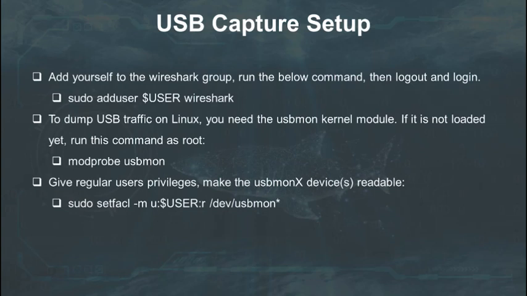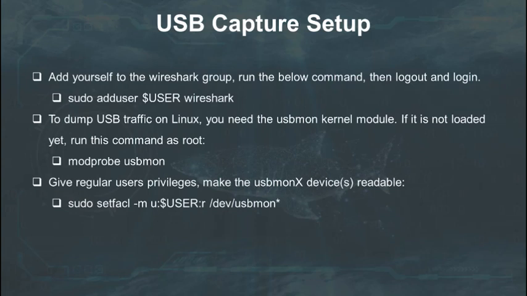So first of all, add yourself to the Wireshark group by running the command sudo adduser $USER wireshark. You can see in front of you. And to dump USB traffic on Linux, you need the usbmon kernel module.